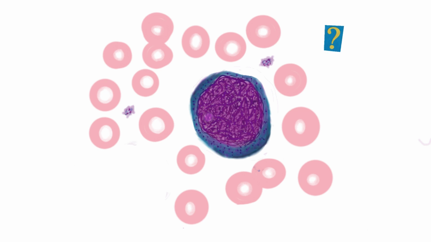Identify. As you may have seen in my last video, promyelocytes may be actually larger than myeloblasts, 16 to 25 microns in diameter. Promyelos have more condensation of the chromatin pattern and more azurophilic cytoplasm with more azurophilic granules.